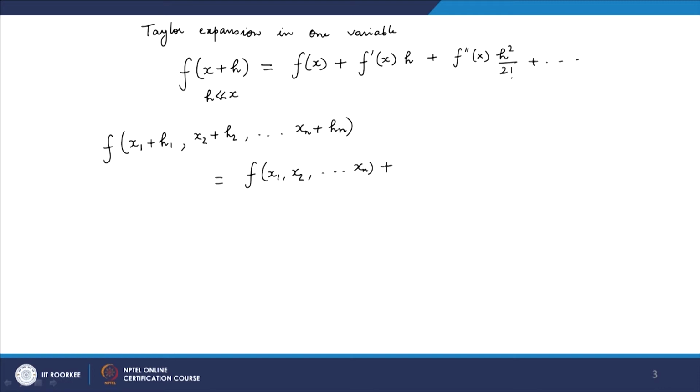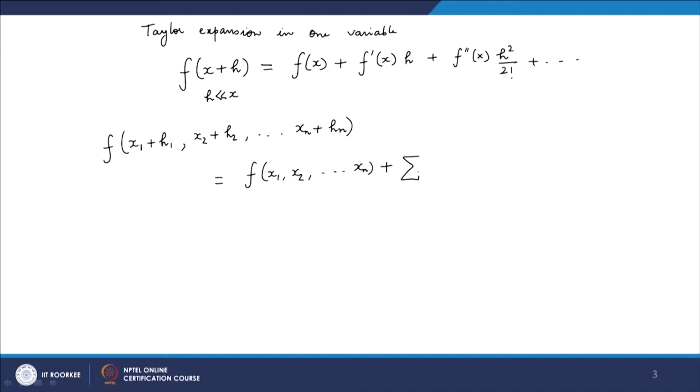So, we have in total n partial derivatives of first order. So, we can write this as the sum over j equal to 1 to n of ∂f/∂xj hj.